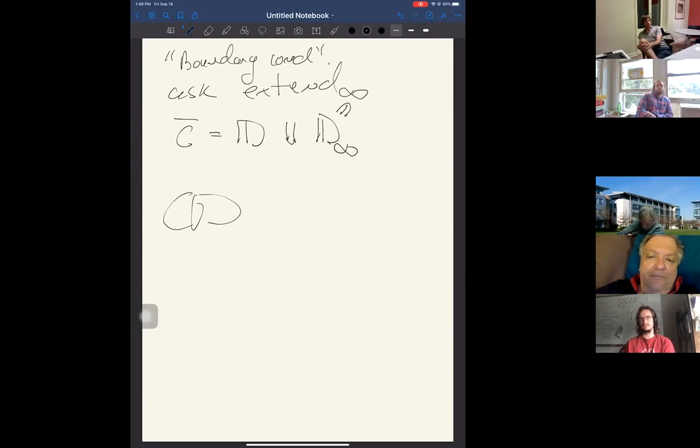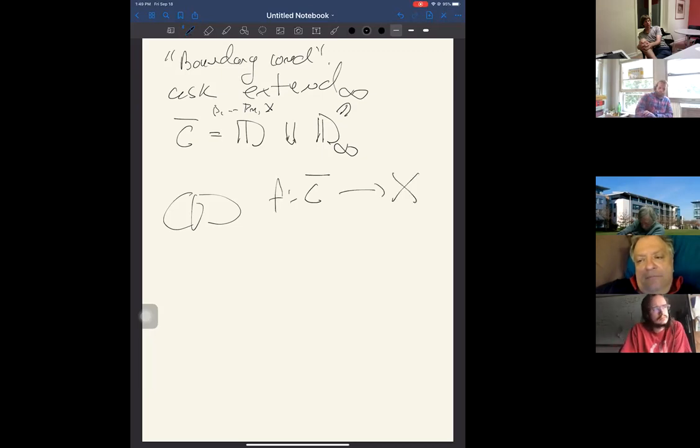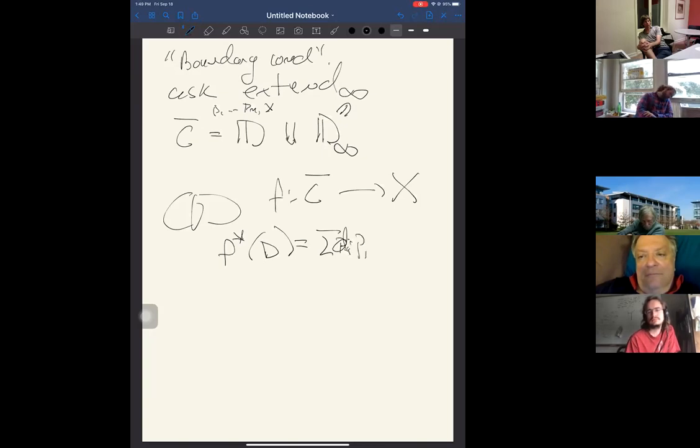This D contains the points P1 up to PM together with our X. And what do I ask? I want to extend f to a map now of C bar into X, just like before. Now the pullback of D is the DI, PI, just like before, and the one extra point of contact, so with some multiplicity.